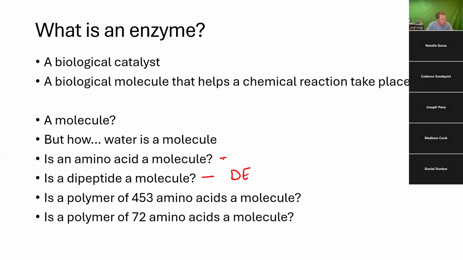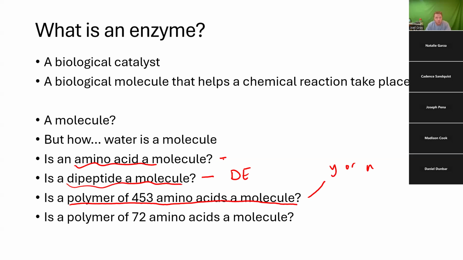Okay, cool. Then is a polymer of 453 amino acids a molecule? Add a Y or an N to the chat. Yeah. So we started out this discussion with an amino acid, that's a smaller molecule, and then we made it a larger molecule as an example.